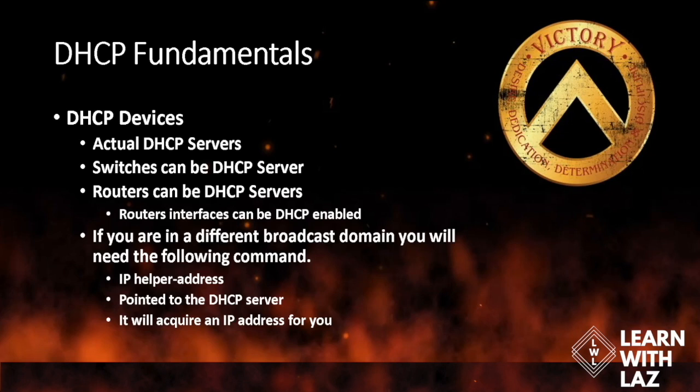I'll go on your behalf to the DHCP server because you told me where it's at. And since I'm coming from this network, because my IP address on my interface is from this network, I know which scope to get the IP address from, and I'll come back and I'll give you the IP address. That is what actually happens when you're across a broadcast domain. So you need that IP helper address.